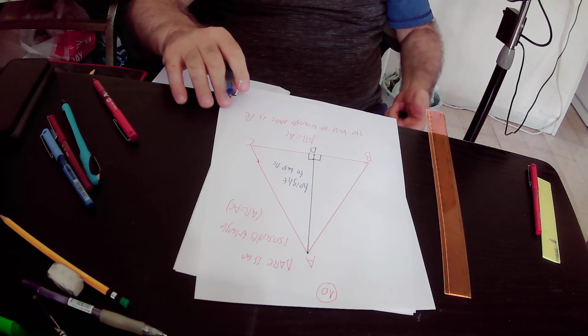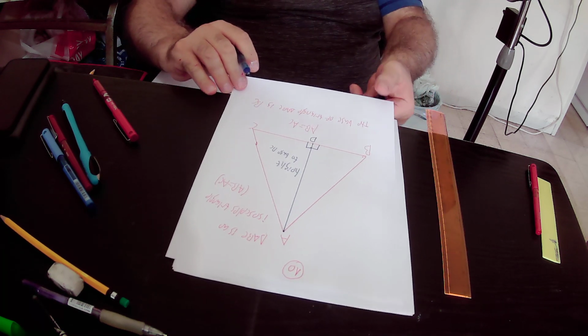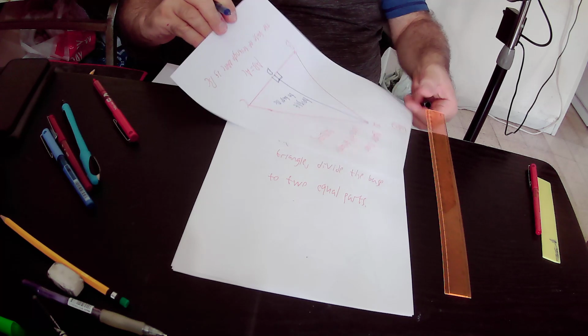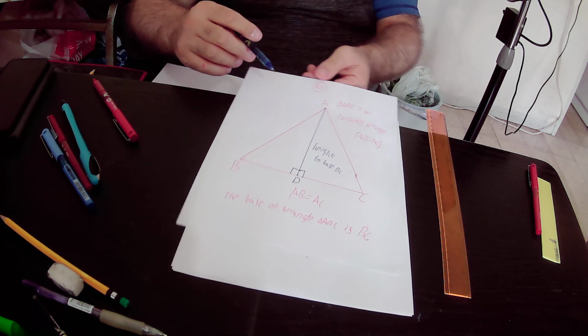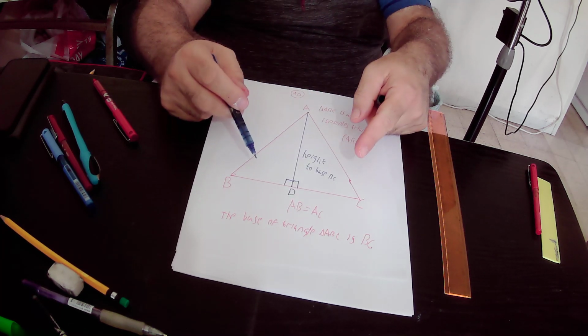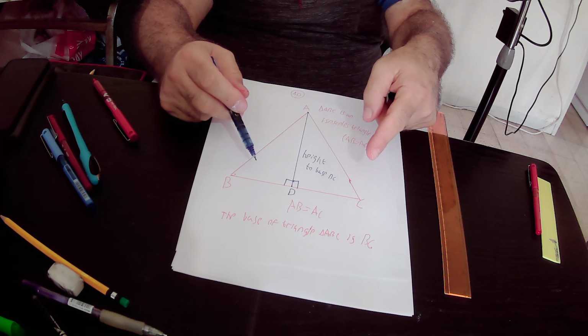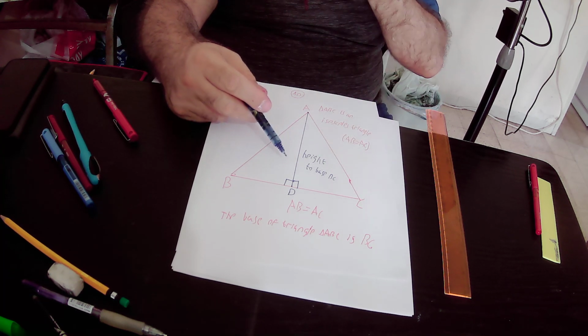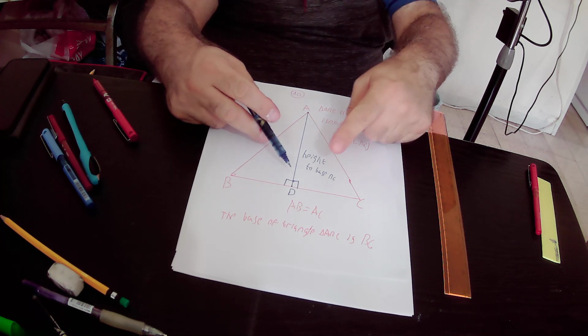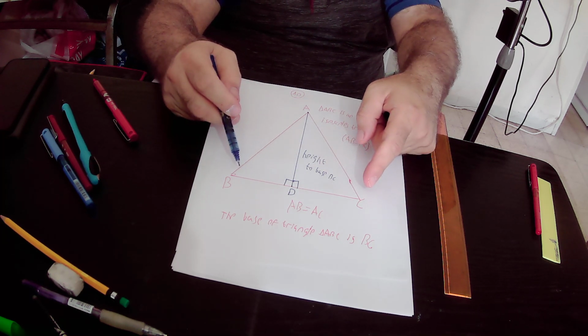So according to rule number 3, the height AD to the base BC of the isosceles triangle ABC divides the base BC into 2 equal parts.